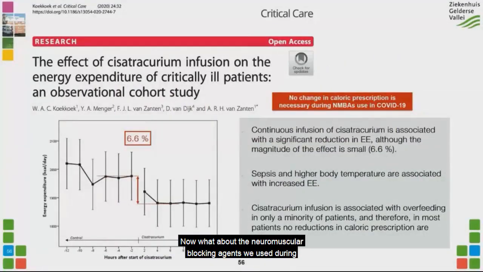Now, what about the neuromuscular blocking agents we used during mechanical ventilation of COVID-19 patients. This is a very recent paper published only a few weeks ago. We did a study and we used the VCO2 method because we want to do a lot of sampling before and after the commencement of cis-atracurium, one of the muscle relaxants.